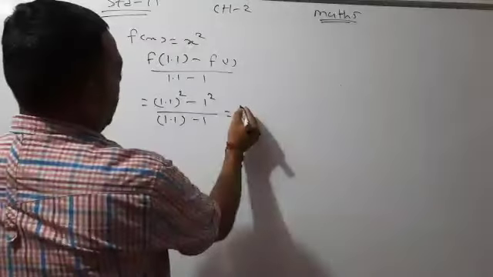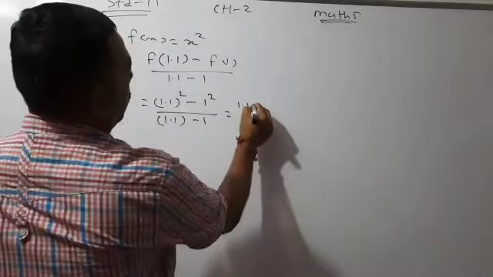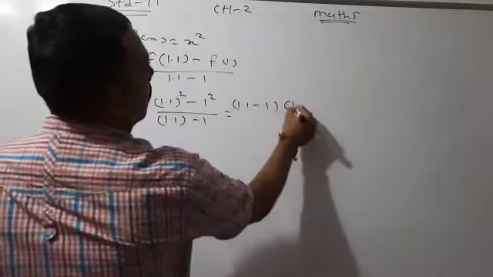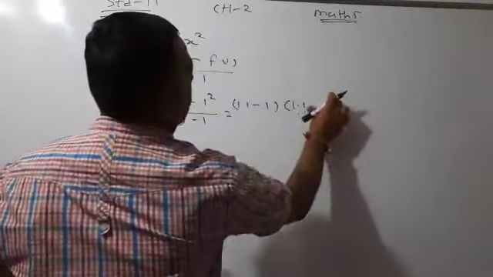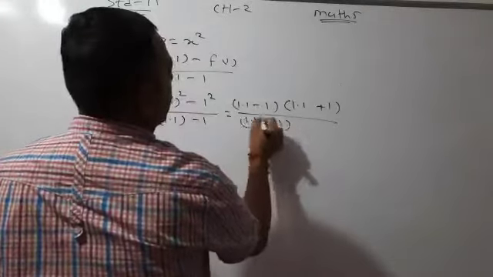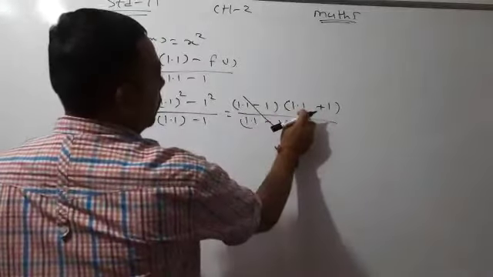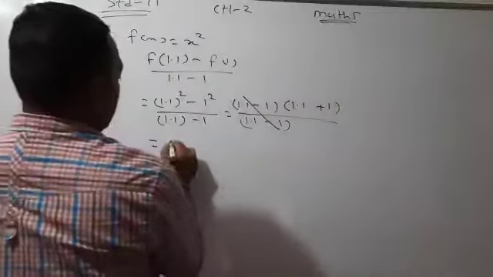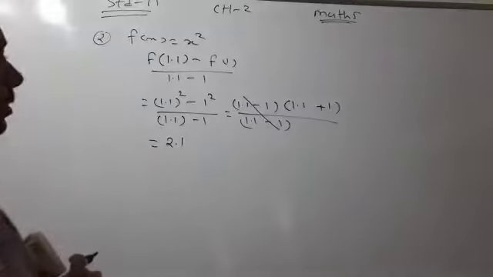According to a square minus b square, we write (1.1 minus 1)(1.1 plus 1) upon 1.1 minus 1. This will get cancelled. So the answer is 1.1 plus 1, that is 2.1. This is our final answer.